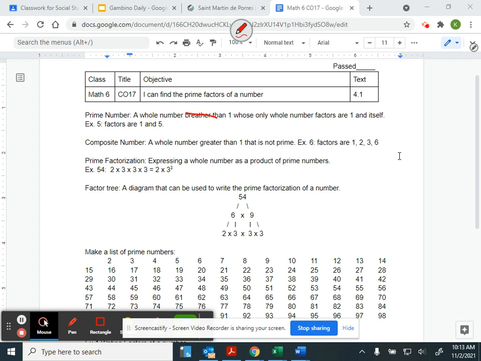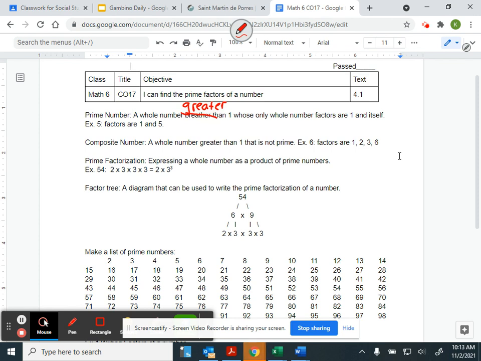Oh goodness, it happens to the best of us, doesn't it? It's greater. A prime number greater than 1. A prime number greater, so change that on your paper. So that's what happens when autocorrect fixes a word for you.